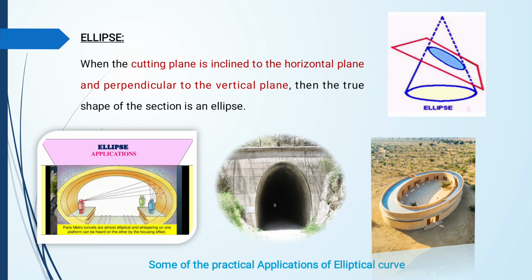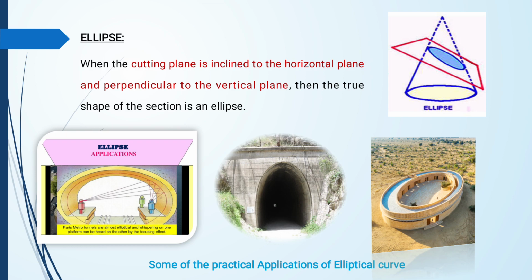I have clearly explained it here. Some different examples are given. First, a tunnel, an ellipse application. The first diagram is a small cartoon representation: a man in red sees another man, and through the elliptical shape the vision goes like this to the other person.